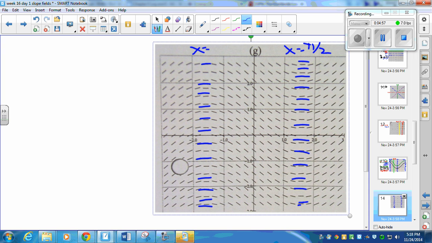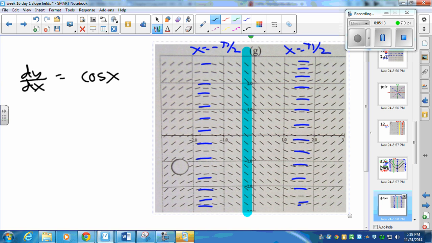X is, I don't know, negative pi over 2. Okay. Vertically, nothing changes, so it's only in terms of x. So let's try dy dx equals cosine x. Cosine of pi over 2 is 0. Cosine of negative pi over 2 is 0.